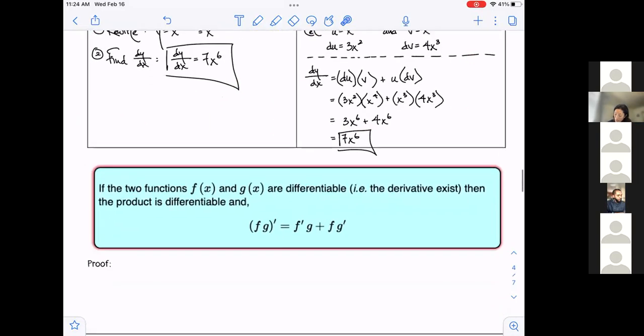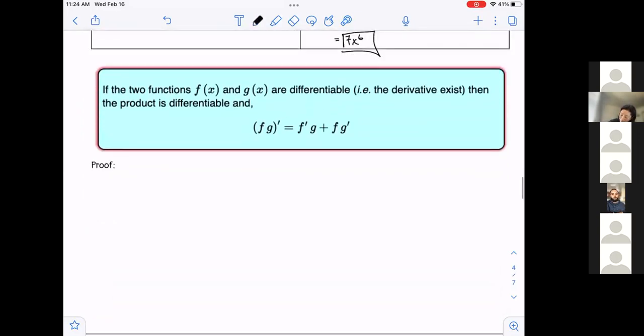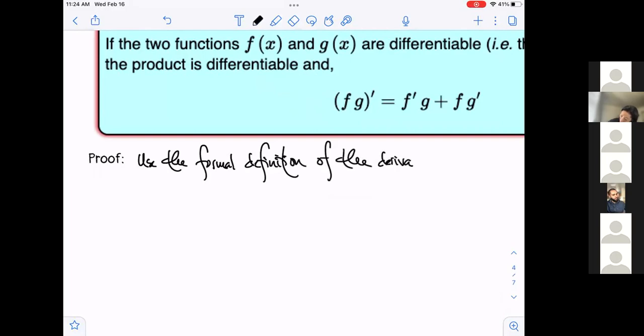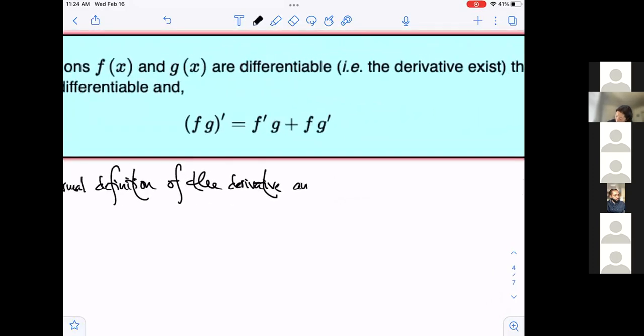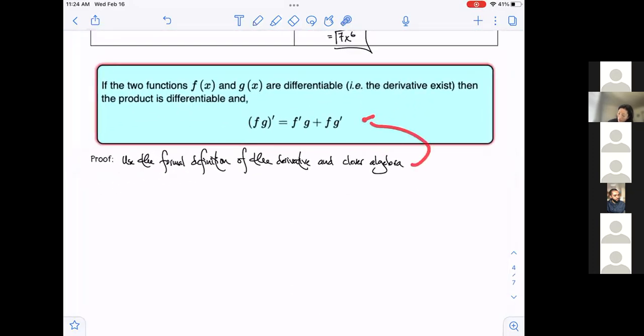All right. I think for the sake of time, I'm going to skip this proof, okay? But for those of you who might be curious, this does use the formal definition of the derivative and clever algebra to prove this.